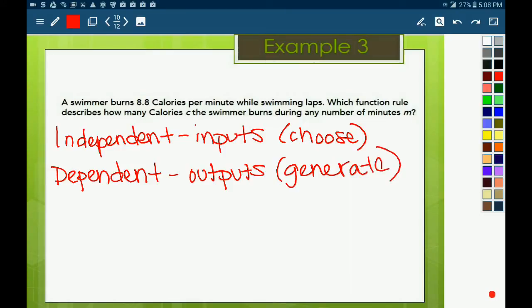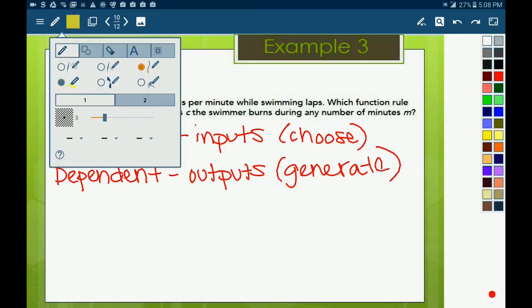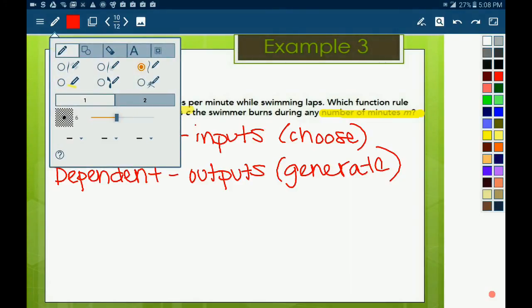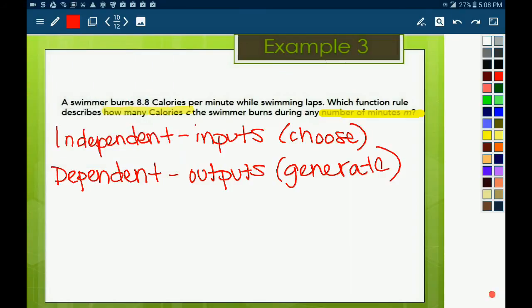Okay, so in our situation, I'm going to highlight what our 2 variables are here. I have calories, how many calories, C, and I have number of minutes, M. So it seems to me like the independent variable is going to be the number of minutes, because time usually goes by, and it doesn't depend on anything else.